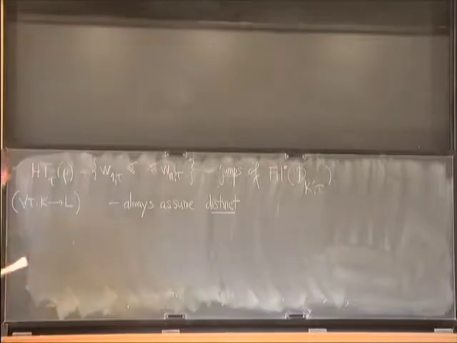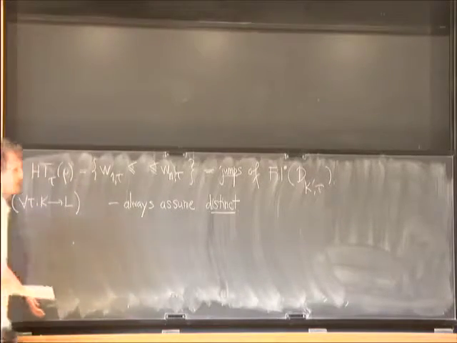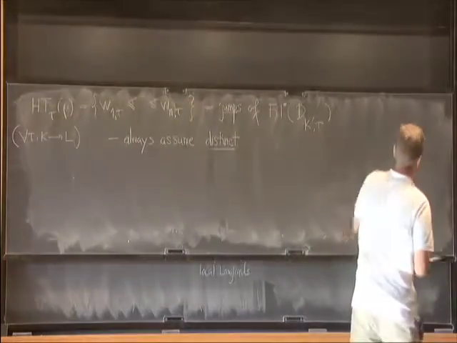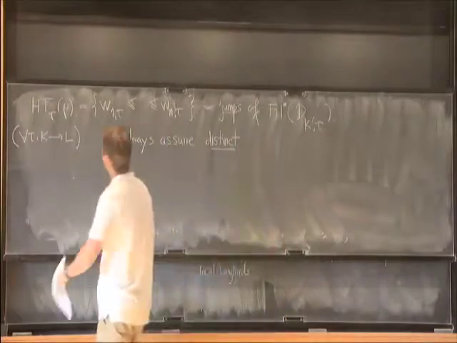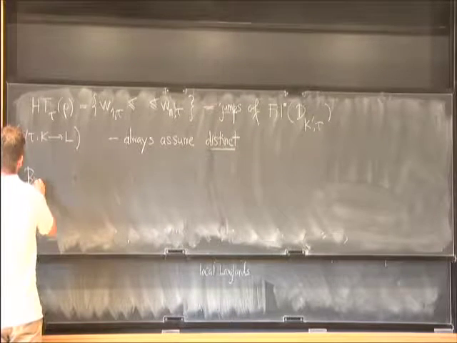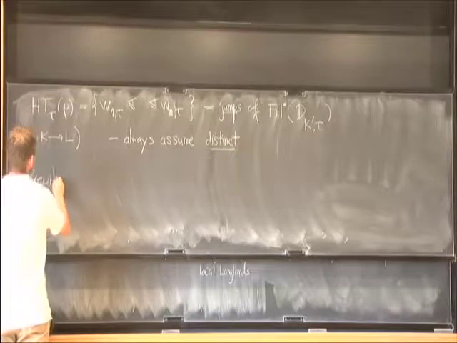And out of these data, you can construct a locally algebraic representation. And what's the Breuil-Schneider conjecture?